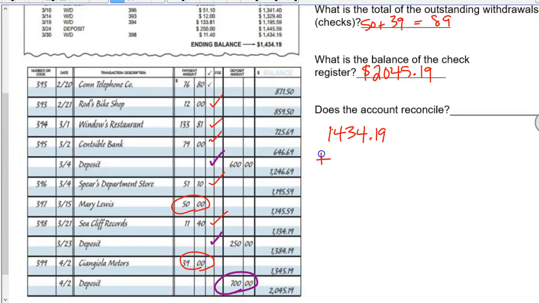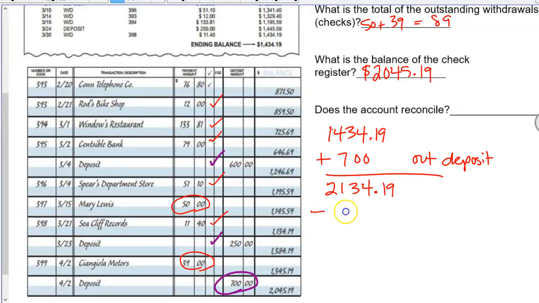So again, remember it's the starting ending balance, so $1,434.19. We add the deposits. So again, remember this is the outstanding deposits. So that gives us $2,134.19. We're going to subtract the 89. So that's the outstanding withdrawals.